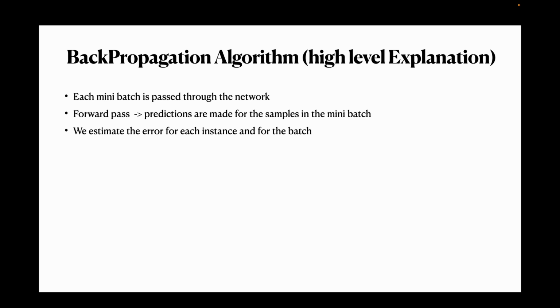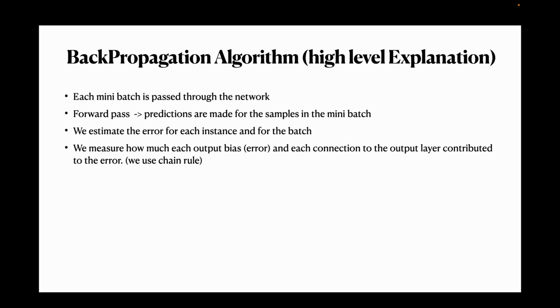Then for each one, as you saw, we estimated the error of those observations. Then we saw how much impact each weight and connection has on this error. I shouldn't have used the term attributed; better to say how much of an impact each weight has on this error.